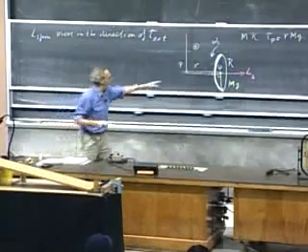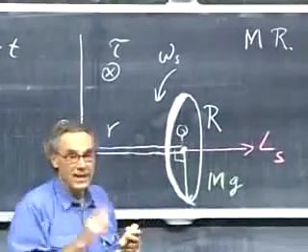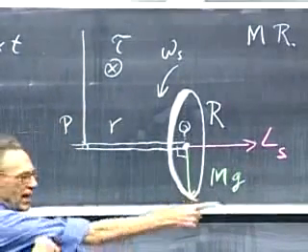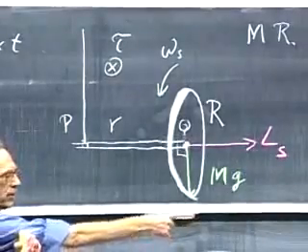What will the spin angular momentum do? It's going to move in the direction of the torque. It's going to chase the torque. So what will it do if the angular momentum is here? It will do this.